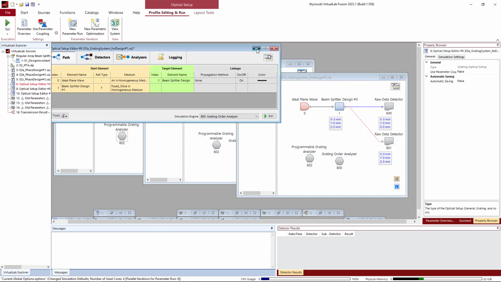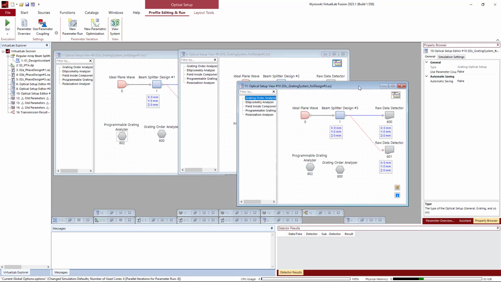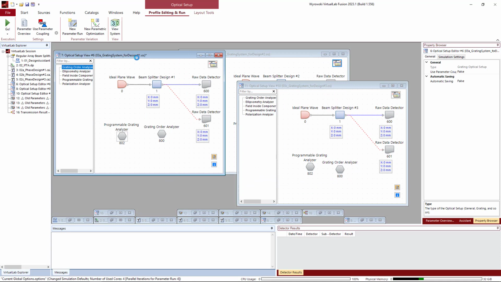Let me put a bit of order. Each of these systems contains the corresponding structure for the 3 designs or the 3 phase distributions that we previously designed. Let's just take a look at that.